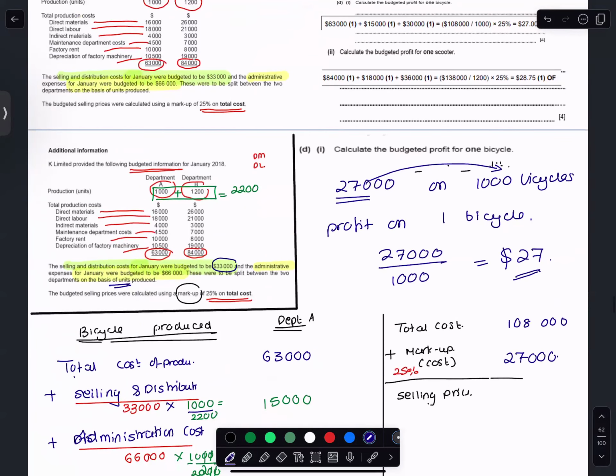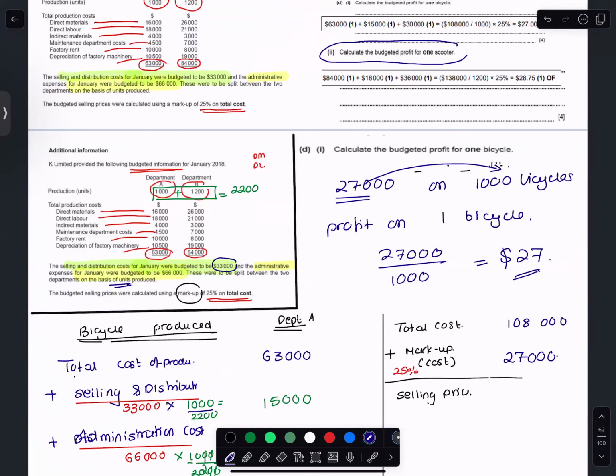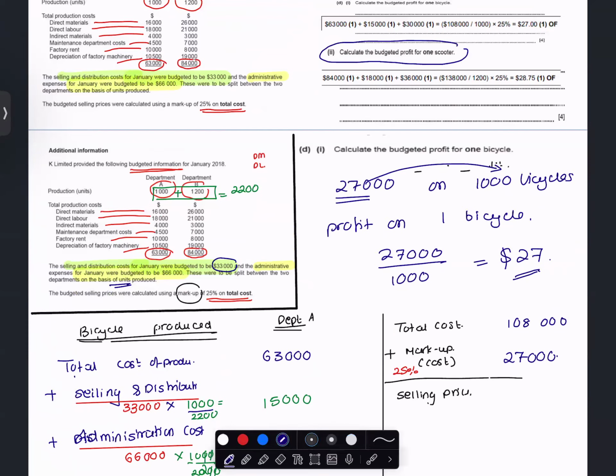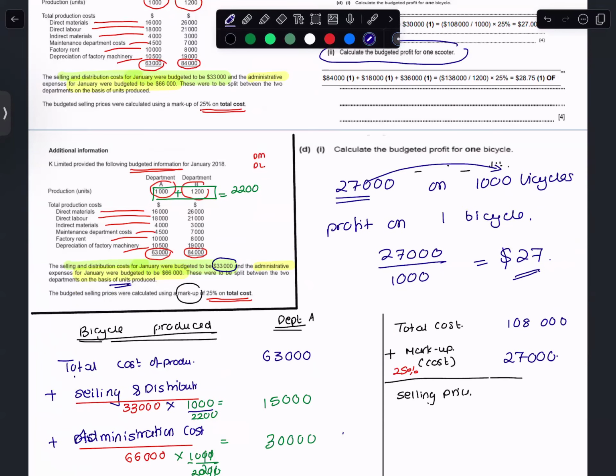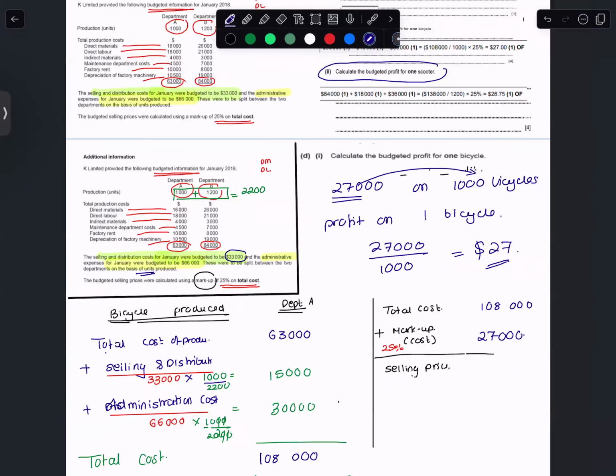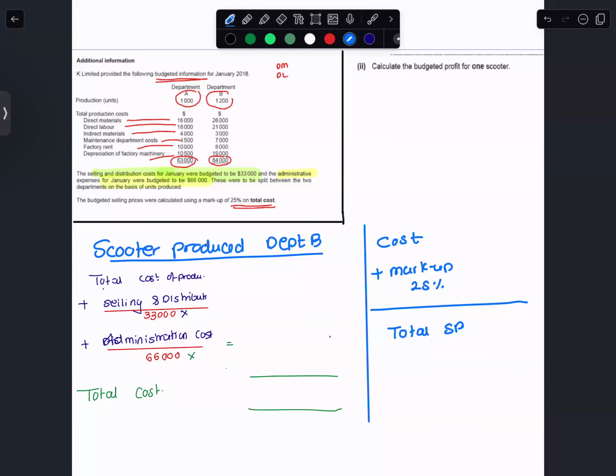Okay. Now they want to calculate the profit for one scooter. Wait. They want the cost of one scooter. Come on.